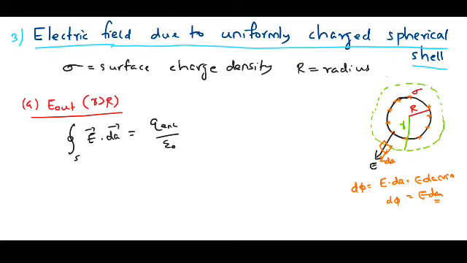Since the electric field is uniform, we can take it outside. If I represent this as E out, then we have E out times the surface integral of dA over the Gaussian surface, equal to Q enclosed divided by epsilon 0.